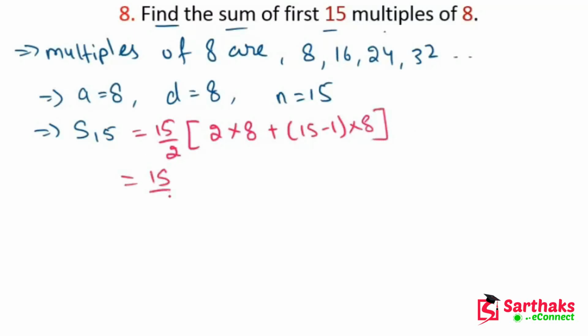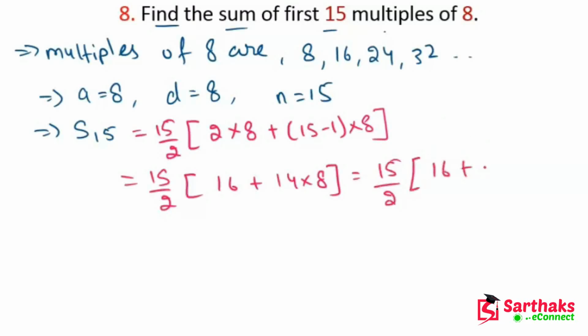If we solve it, we get 15 upon 2 into 16 plus 14 into 8, which is 16 plus 112, so 15 upon 2 into 128.